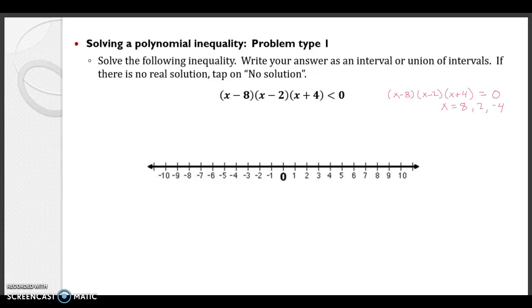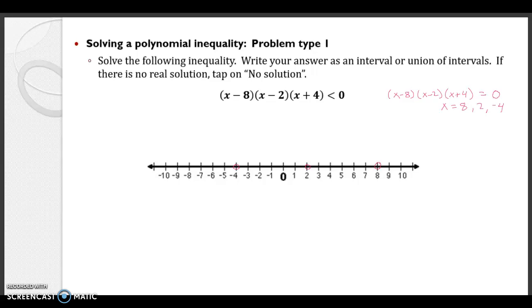Now, we don't want our answer to equal 0 at that point, so I'm going to have an open circle at 8, 2, and -4. And then I'm going to check values in between, plug them into my function or my equation, inequality, and see what I get.